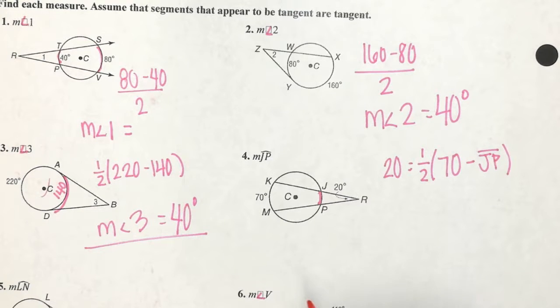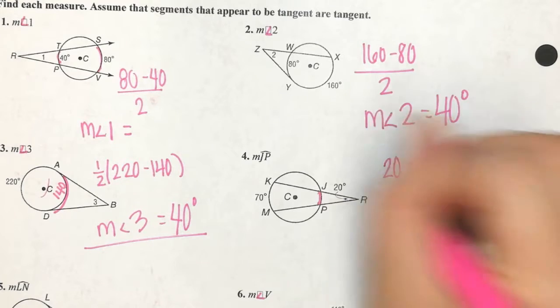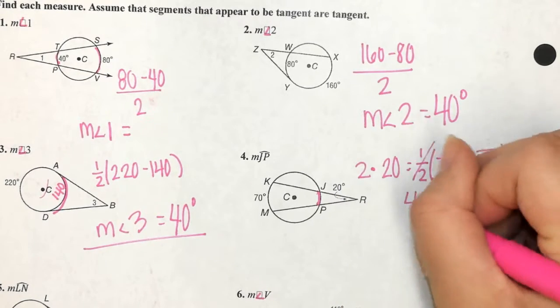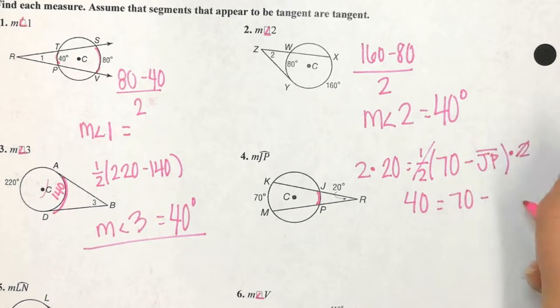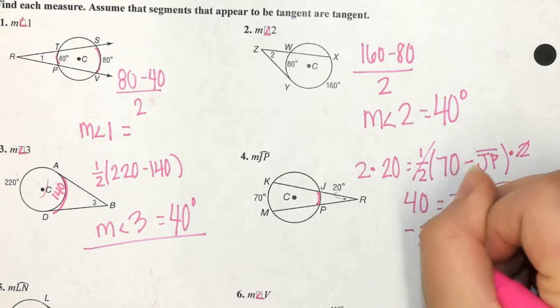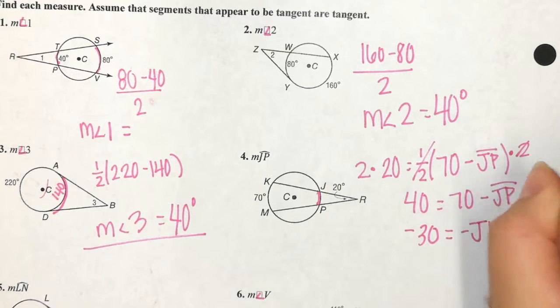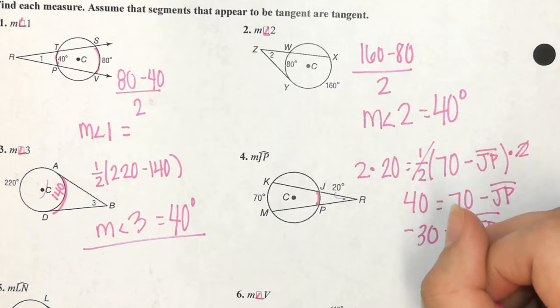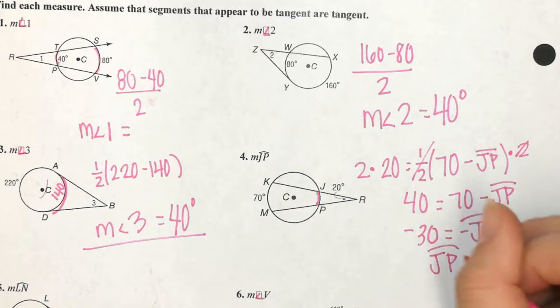If you want to go ahead and just multiply both sides by 2, that does make it easier. Multiply both sides by 2, that cancels this 1/2 out. You get 40 equals 70 minus JP. You have to subtract 70 over. So you get negative 30 equals negative JP. But negative divided by negative is a positive. So JP is equal to 30.